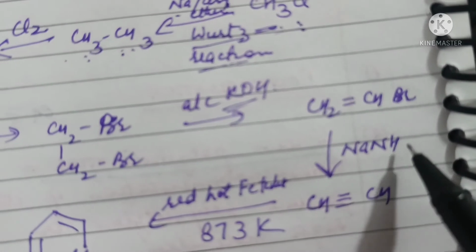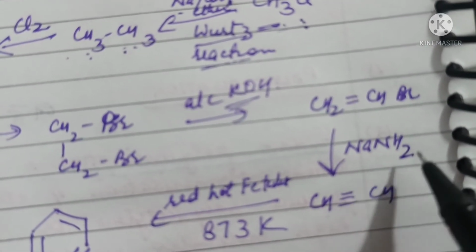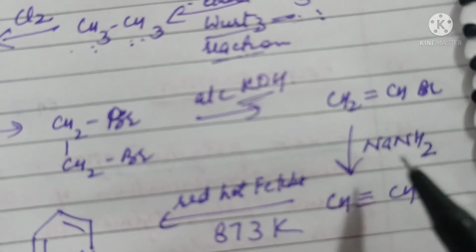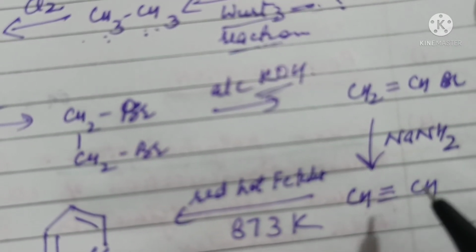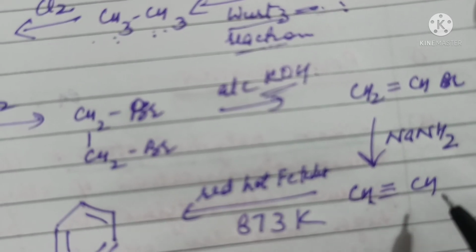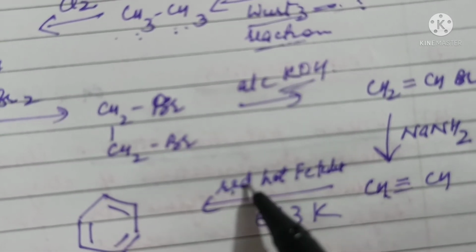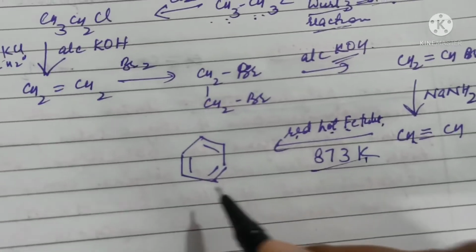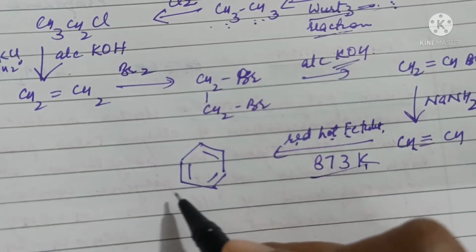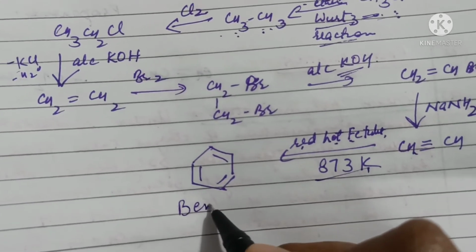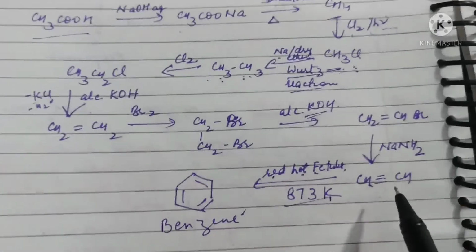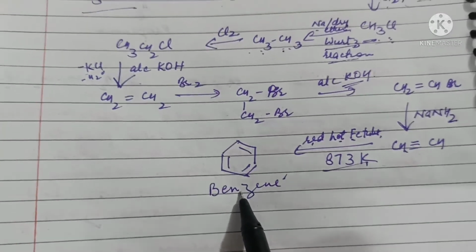This, on reaction with NaNH2, sodamide, another H and another Br will be removed and acetylene will be formed. Acetylene on passing through a red hot iron tube at a temperature of 873 Kelvin will undergo cyclic polymerization to form benzene. So this is the flow chart for converting ethanoic acid ultimately to benzene.